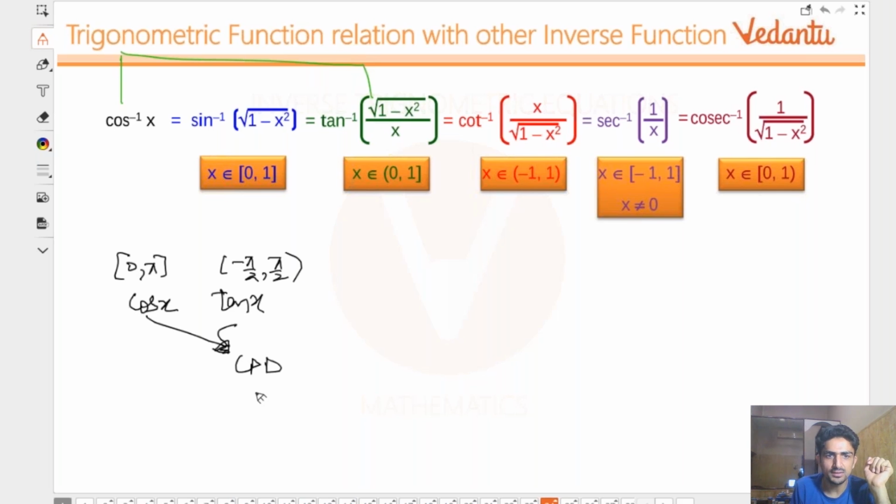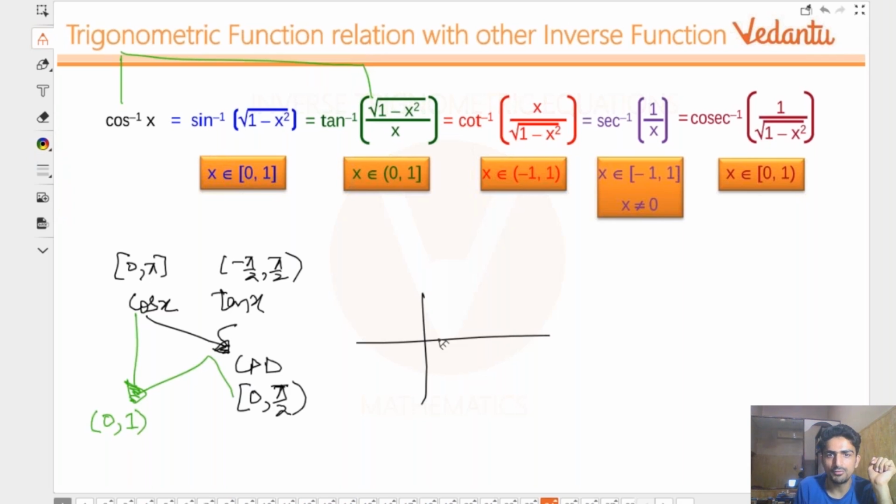So the common part is 0 closed to pi by 2 open. Now what is the value of cos x for this x? It is open 0 to 1. I hope you know the graph of cos x. When we go from 0 to pi by 2, these are the values it attains, 0 to 1. Pi by 2 is open, so the value at pi by 2 will not be considered. So open 0 to 1.